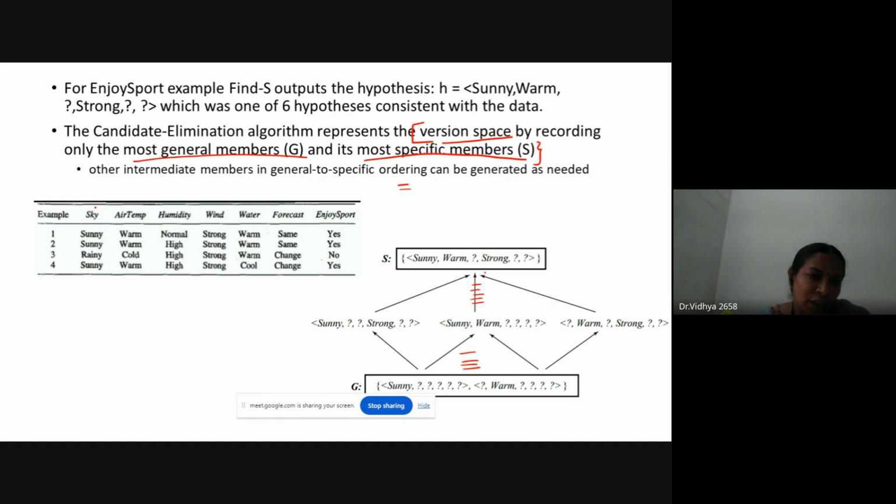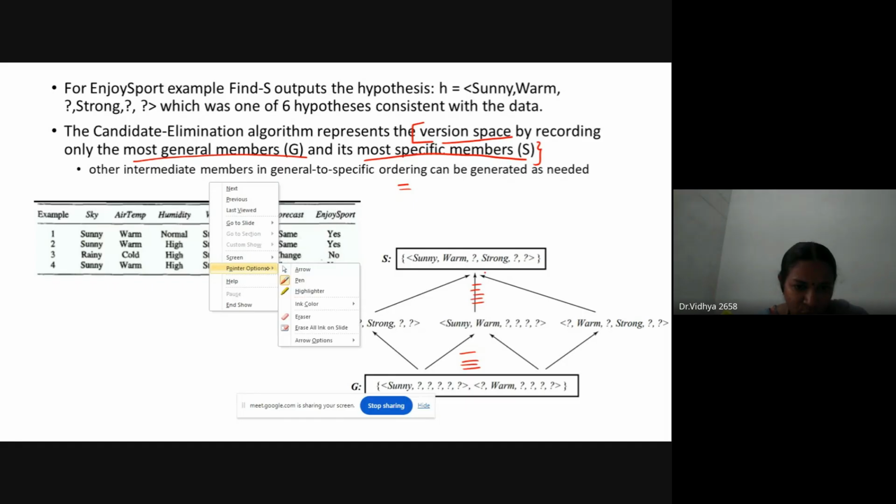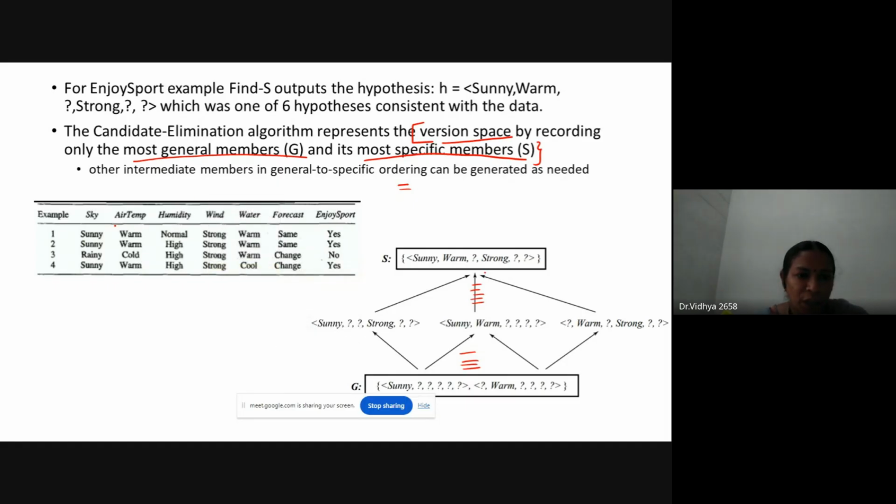In this data set, we have six important attributes: sky, air temperature, humidity, wind, water, and forecast, and we have one concept, the decision part, which is enjoy sport.